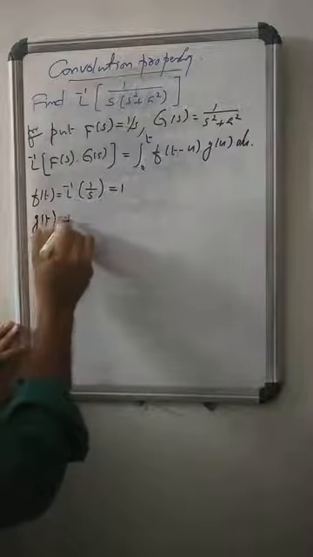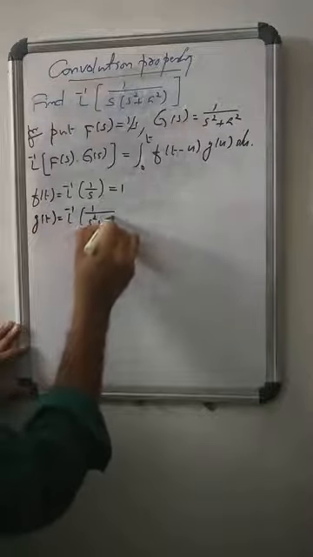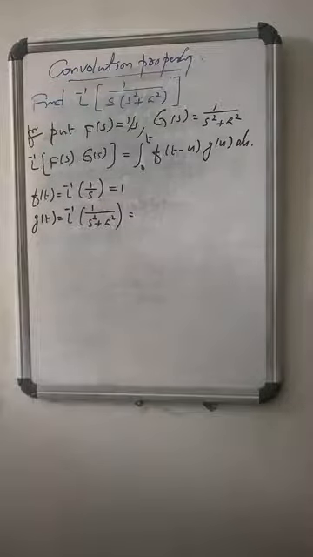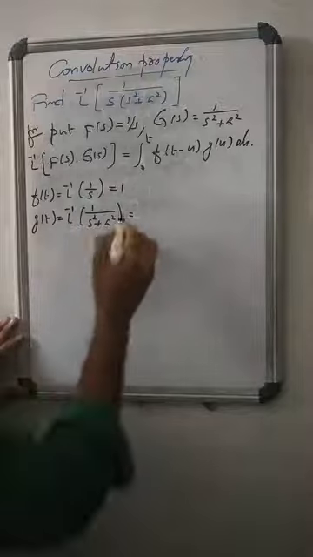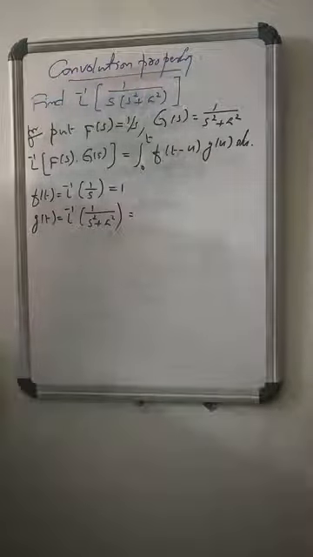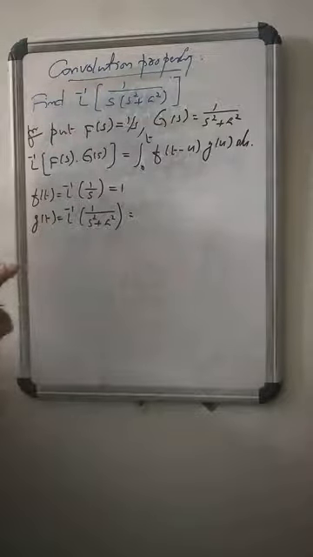g of t equals L inverse of 1 by (s square plus a square). What is L inverse of 1 by (s square plus a square)? Come to the denominator. The denominator is of the form s square plus a square. Its denominator is the same as the Laplace transform of sin at, but on the numerator a is missing.